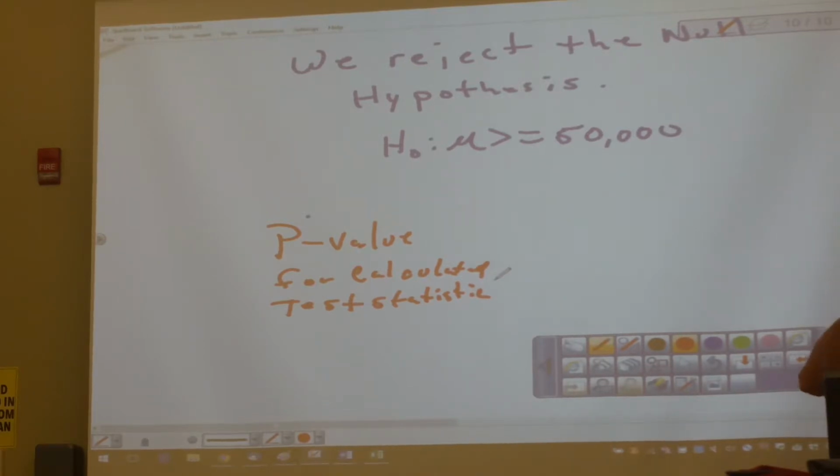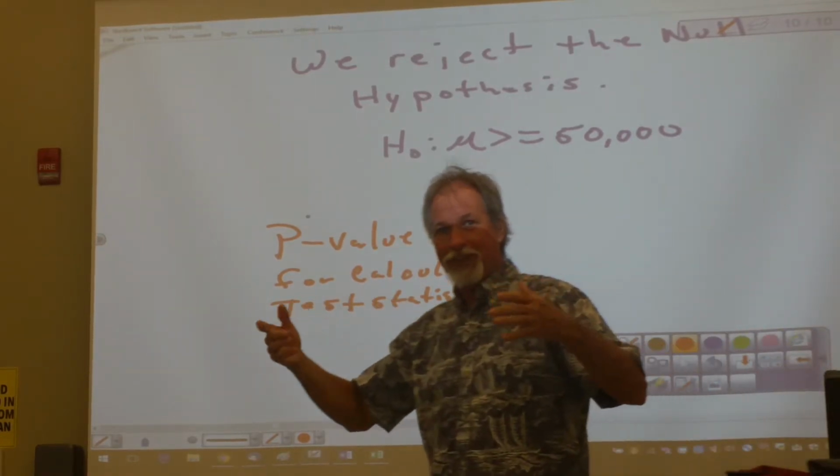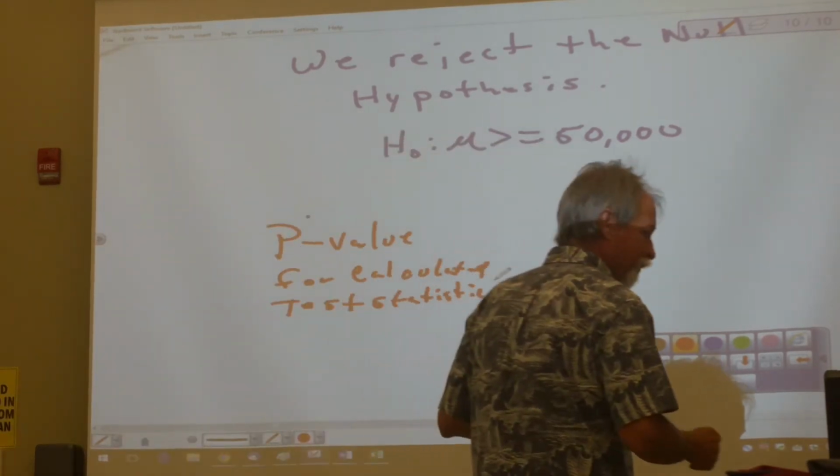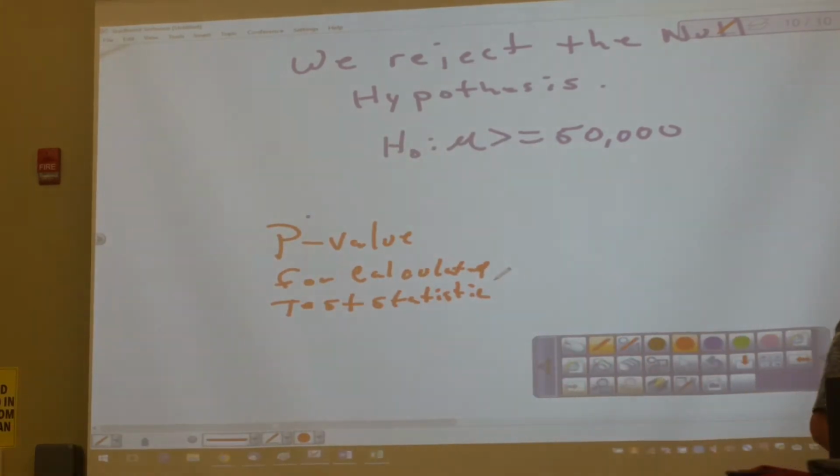And that will always be a positive number. It can never be negative, because it's a probability. Probabilities have to be between what? 1 and 0. So it's got to be a positive number. So I can also look at the p-value for the calculated test statistic.